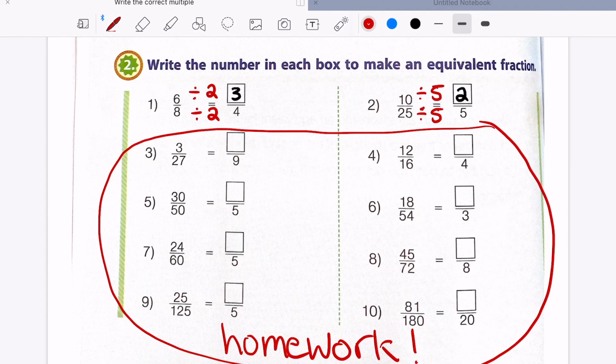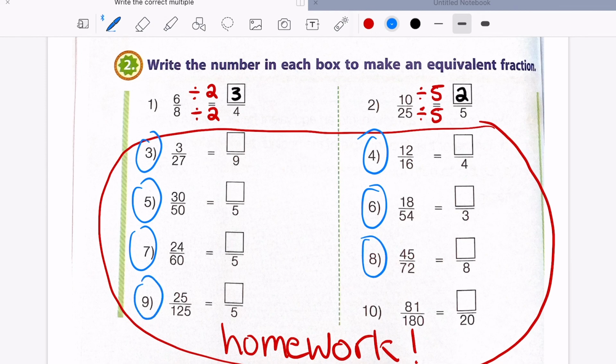I will check the answers with you, and then we will compare fractions after. But this is homework and classwork for today. Make sure you do each of these and find the equivalent fraction.